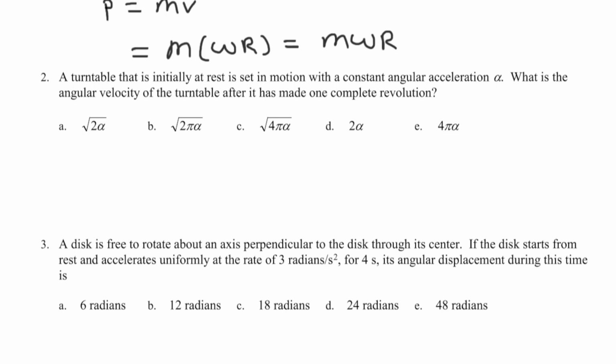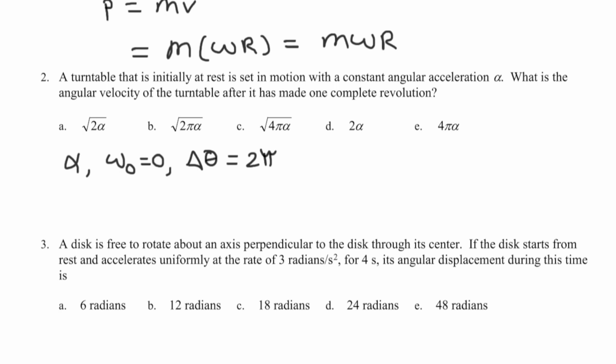So this is a kinematics situation. So we're given alpha, omega naught equals 0, and we're also given one revolution. So the trick for this is to realize that one revolution is equal to 2 pi radians.